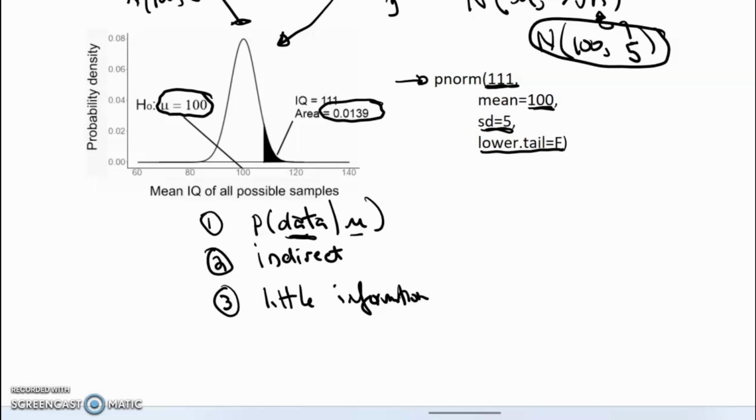So we're pretty darn sure that the mean IQ of the IB students is greater than 100, but other than that, it doesn't provide very much information. So what I'm going to try to do is show that in general, the Bayesian posterior is superior to the frequentist p-value.